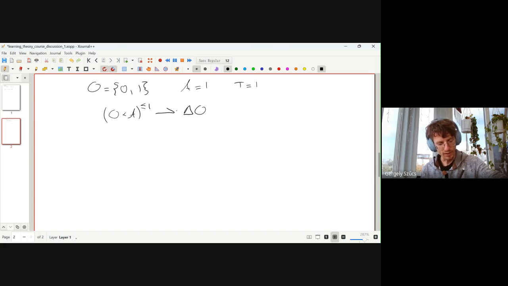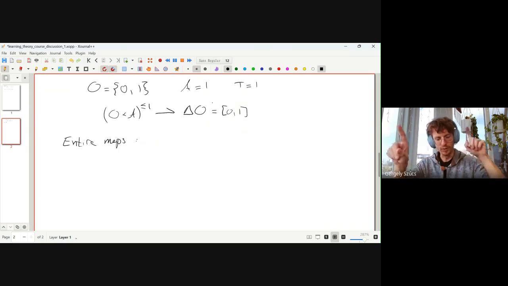But we can start with taking entire maps. So if it was not partial maps, but entire maps, then it would require, I guess, delta O in this case is just the interval, because for distributions between 2 points, you can specify the probability of one of them.